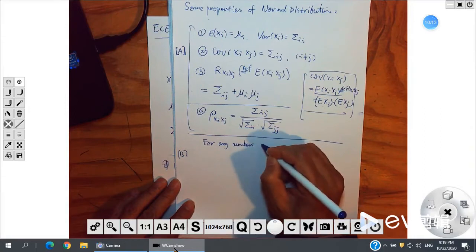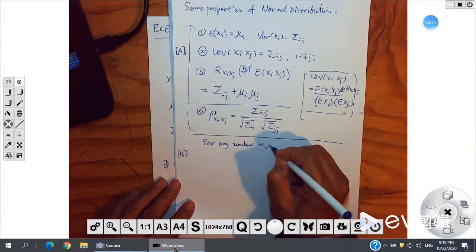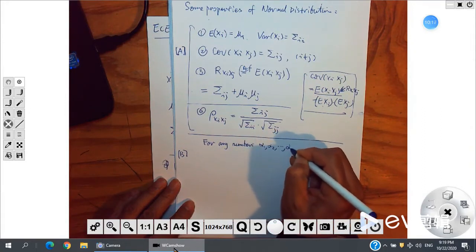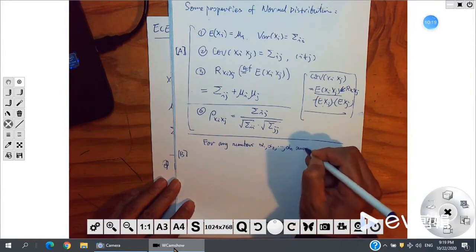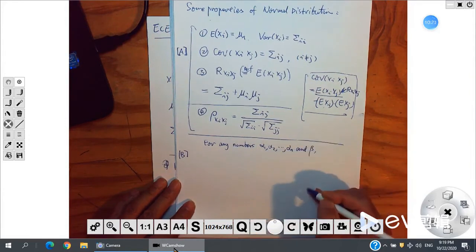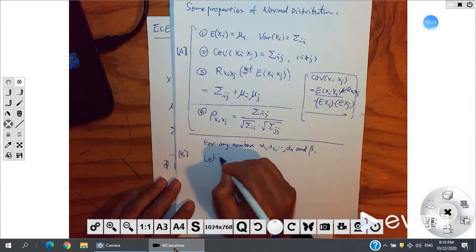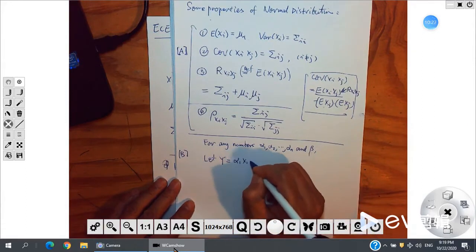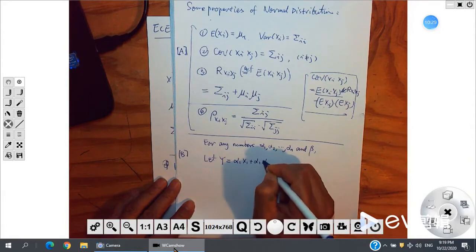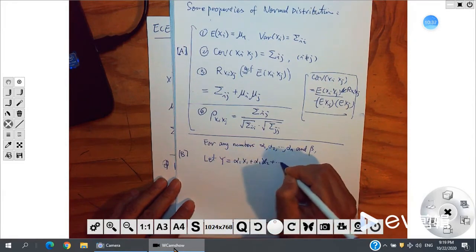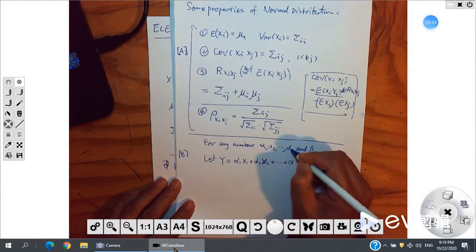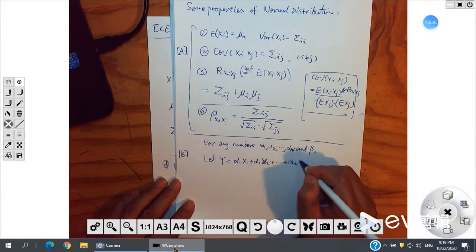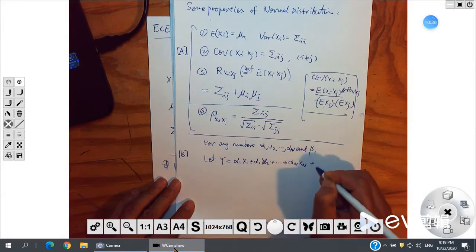I say alpha 1, alpha 2 to alpha n and a beta. Let y equal alpha 1 x1 plus alpha 2 x2 plus until alpha n xn, and plus beta.